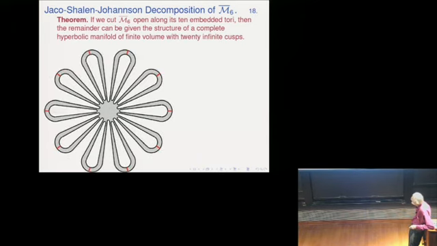This is a caricature of the beast. There's a central hyperbolic manifold, which I won't give any details of, but it has 10 loops like this going out, where each loop has a cross-section which is a torus.